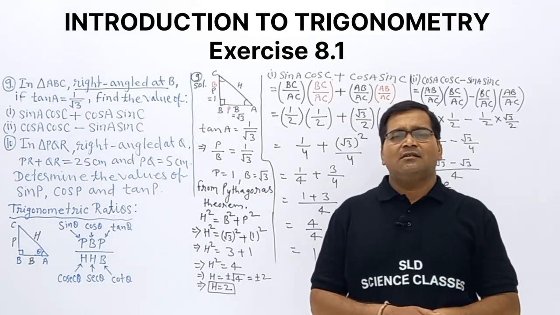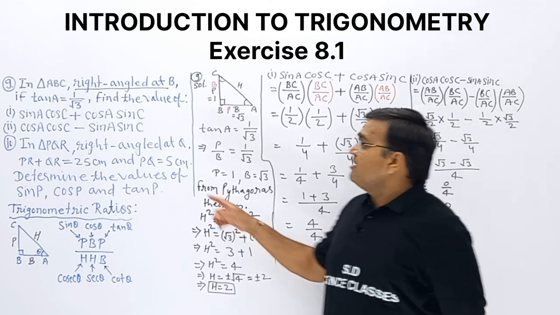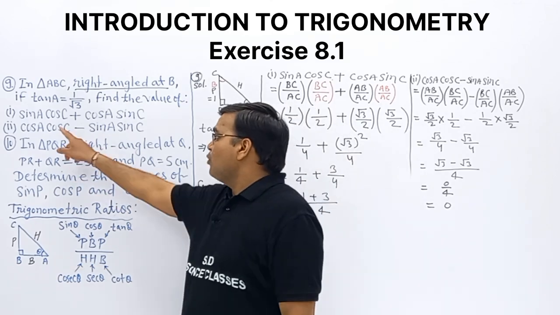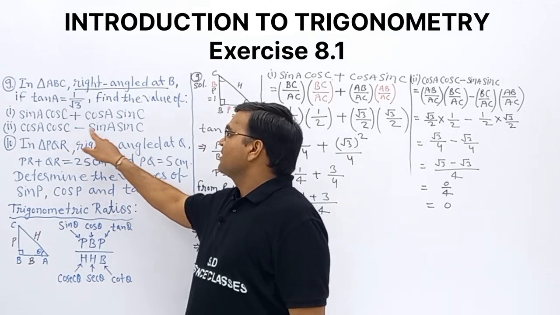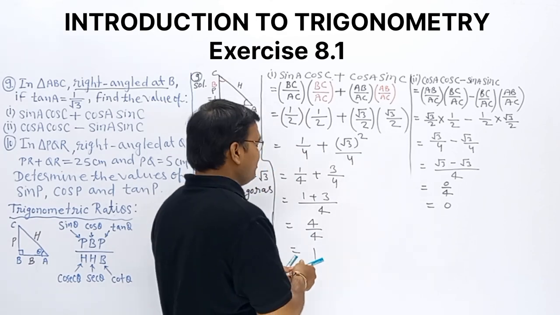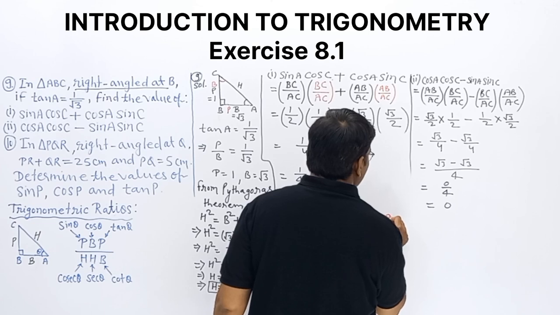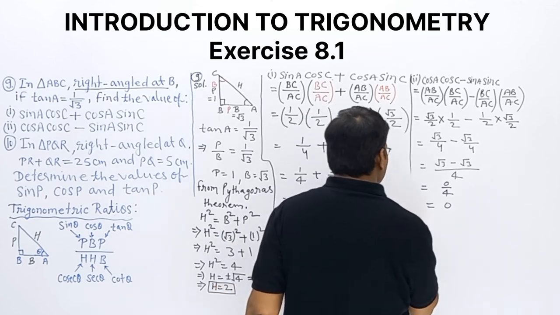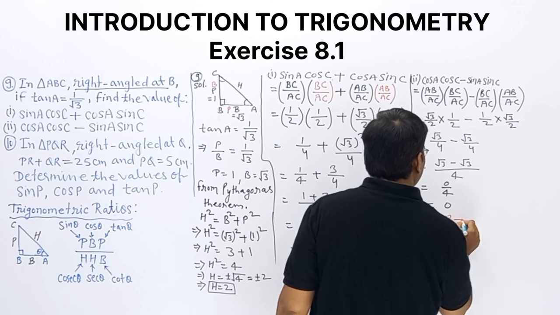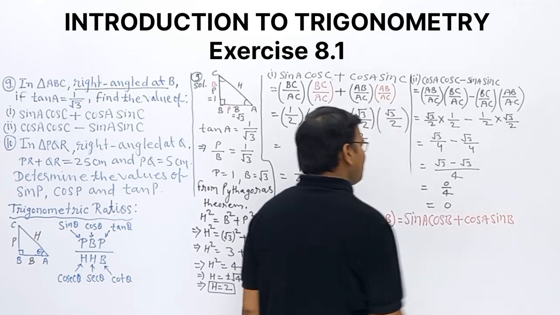Observe, both are standard formulas in trigonometry. Sin A cos C plus cos A sin C, and cos A cos C minus sin A sin C. Sin A plus B can be written as sin A cos B plus cos A sin B. This is a general formula.